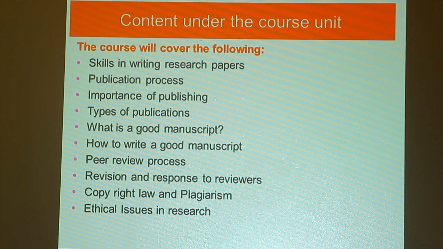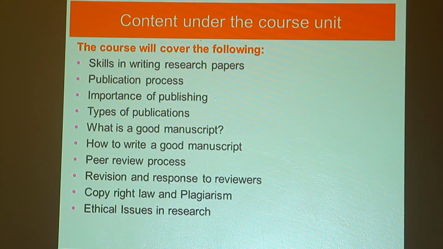So in this course unit, we shall look at the skills in writing research papers. We shall look at the publication process, the importance of publishing, the types of publications, and what is a good manuscript. We shall look at the peer review process, revision and response to reviewers.